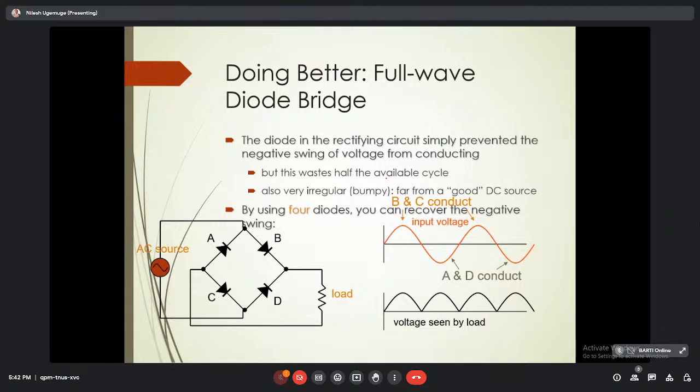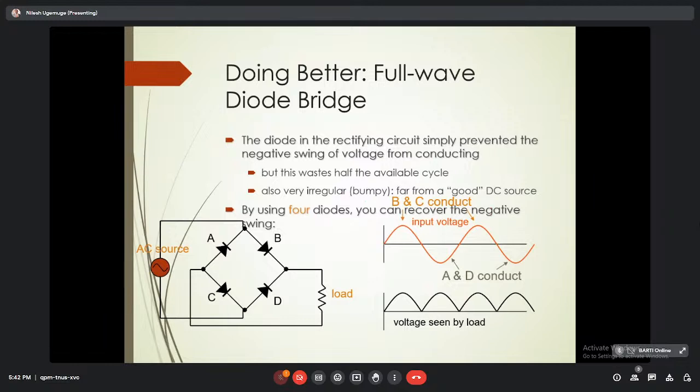Here, the diode in the rectifying circuit simply prevents the negative swing of voltage from conducting. So here only the positive swing conducts. There is a complete cut of the negative one, but this wastes half the available cycle. It is also very irregular, bumpy, far from a good DC source.